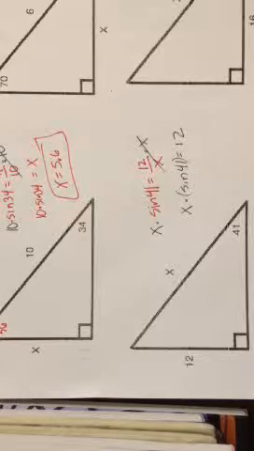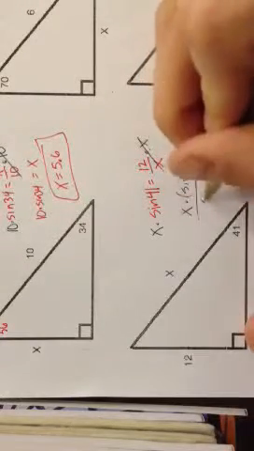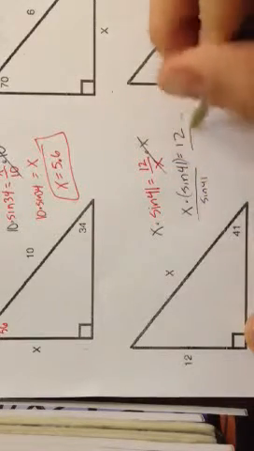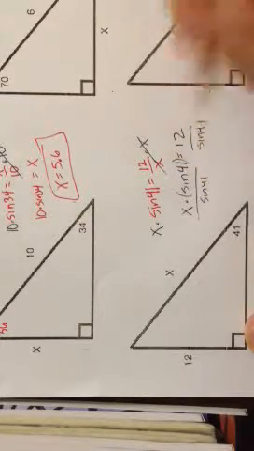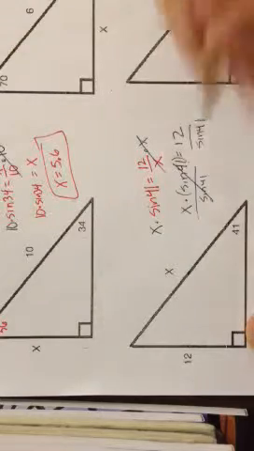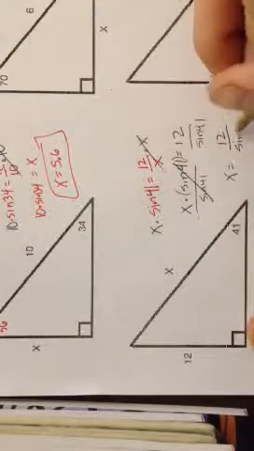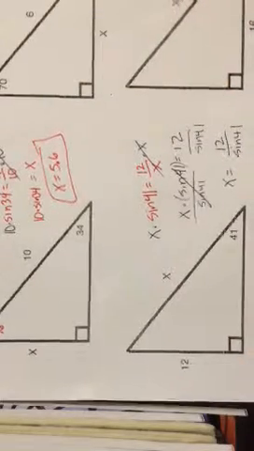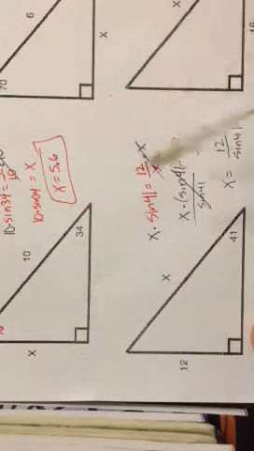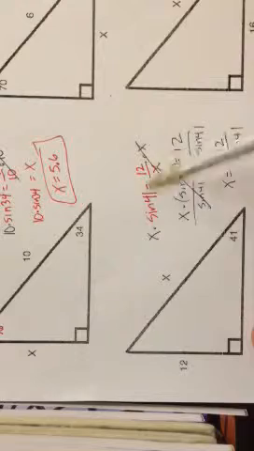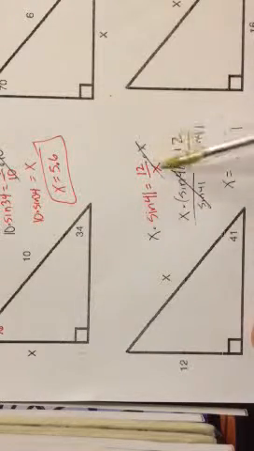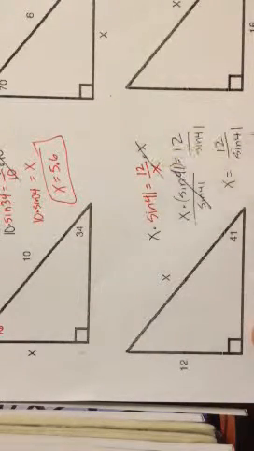This is going to look weird at first, but what we end up doing is just dividing by the sine of 41 on both sides so that they cancel. And we're left with x is equal to 12 over sine of 41. Really what just ends up happening is these two things simply switch places. The x comes up here, the sine drops down there.